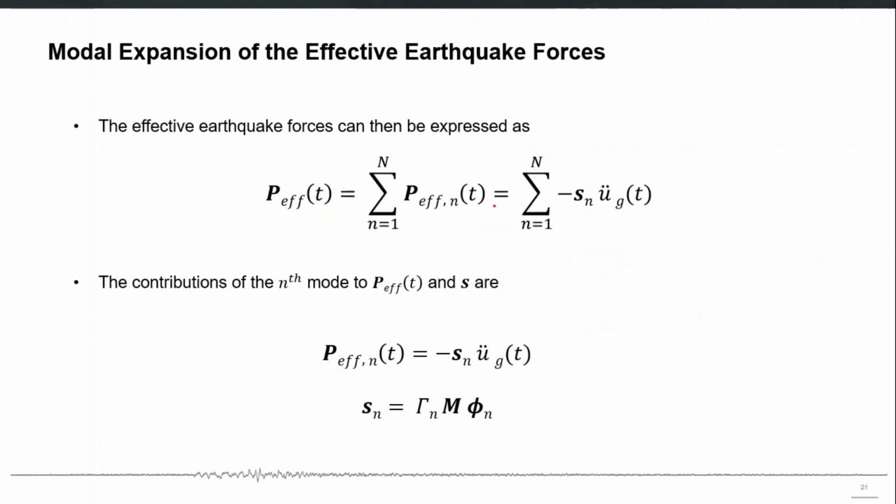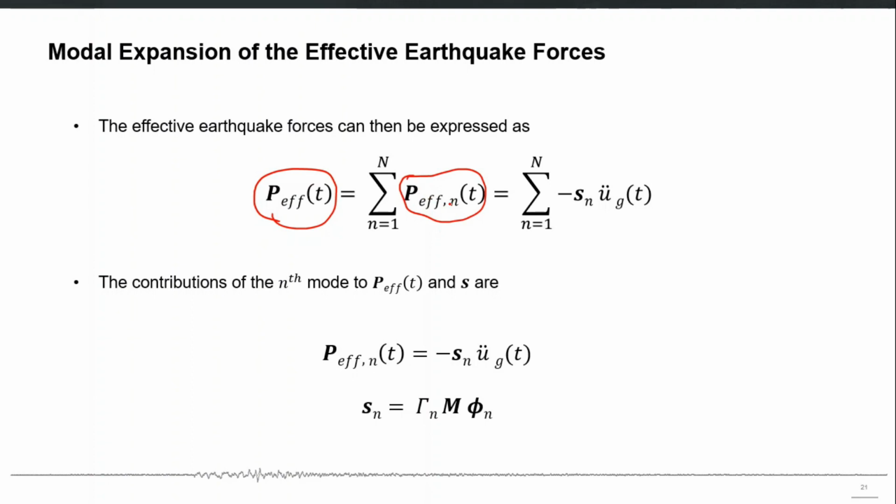Now, applying that idea to the effective earthquake forces, our effective earthquake forces also can be decomposed into the contribution of modal effective earthquake forces. So P effective comma n is now the part of the effective earthquake force which is contributed by only the nth mode shape, right?